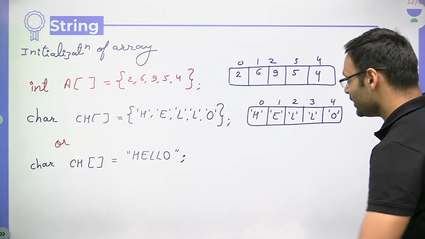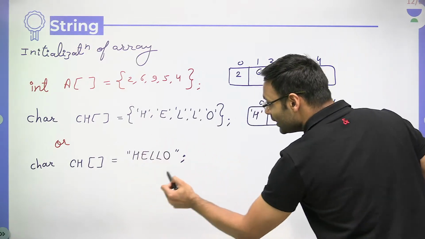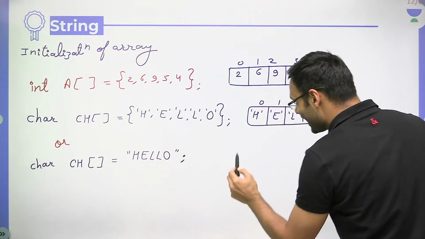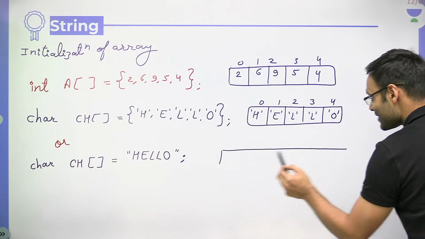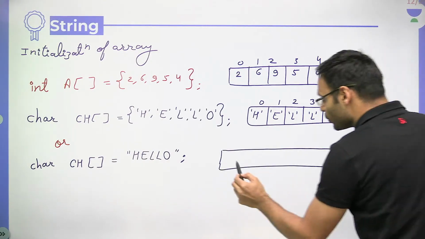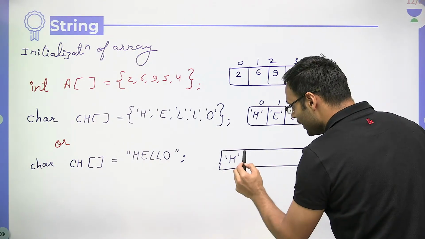The thing is, when you make a character array like this way, fine, I understand that index number 0 is taken as capital H implicitly.